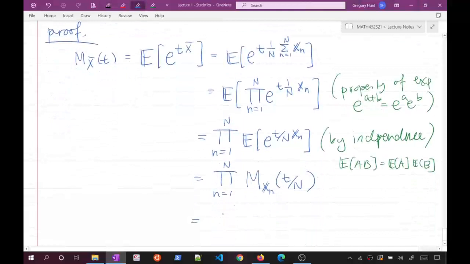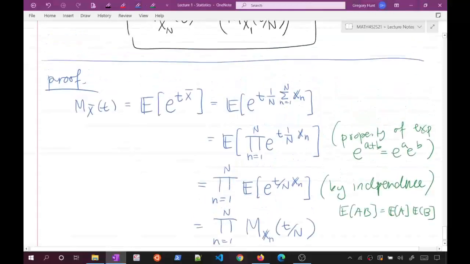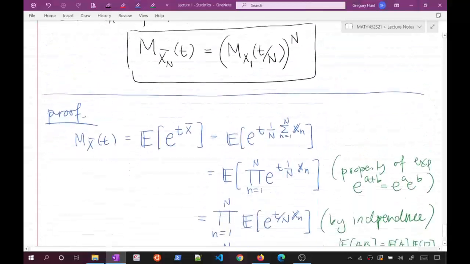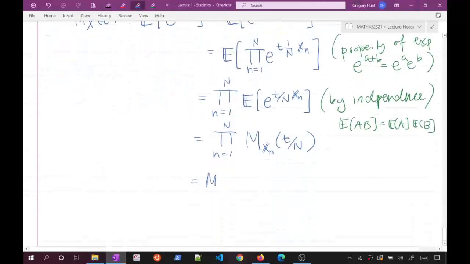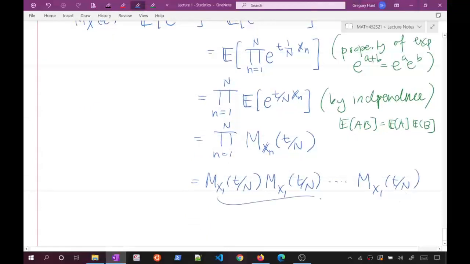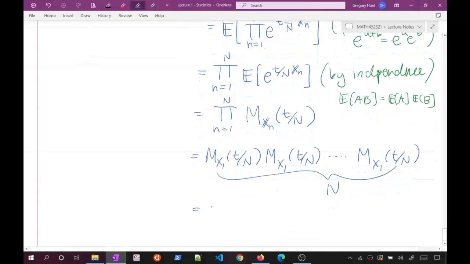So I could say that m of x1 is the same as m of x2, is the same as m of x3, etc. The random variables are all identically distributed. Their moment generating function is all the same. So I could write this as m x1 of t over n times m x1 of t over n, dot dot dot, and I could do that a total of capital N times. And so what I get is exactly what I claimed in the theorem.